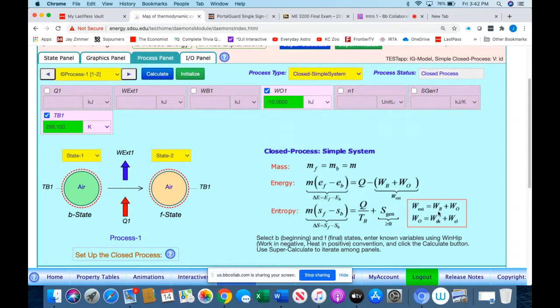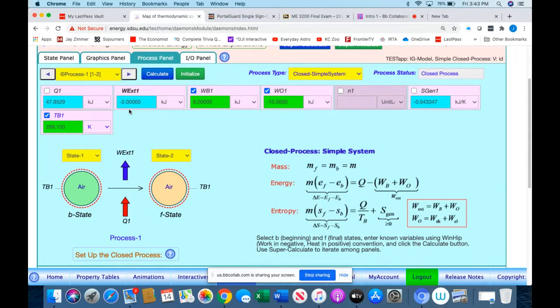And so the WB would then be a positive 8. Okay, so we have a negative 10 for what we put into the system. We have a positive 8 for what comes out of the system. And so the combination of those two is actually a negative 2. And so negative 2 means that 2 more units of energy went in the form of work than was actually brought out of the system.